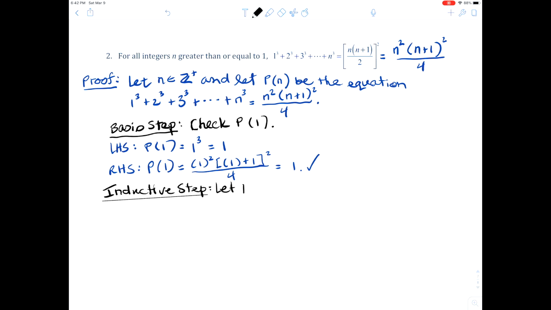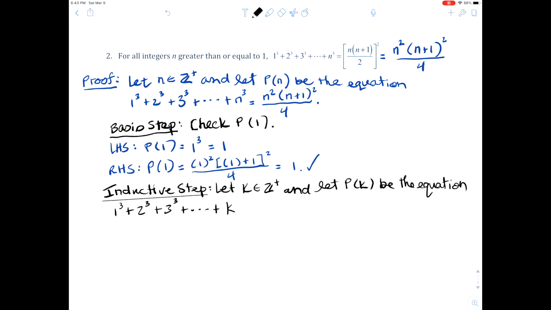So let's let k belong to the positive integers and let P at k be the equation 1 cubed plus 2 cubed plus 3 cubed plus dot dot dot plus k cubed is equal to k squared times (k plus 1), the quantity squared, over 4.